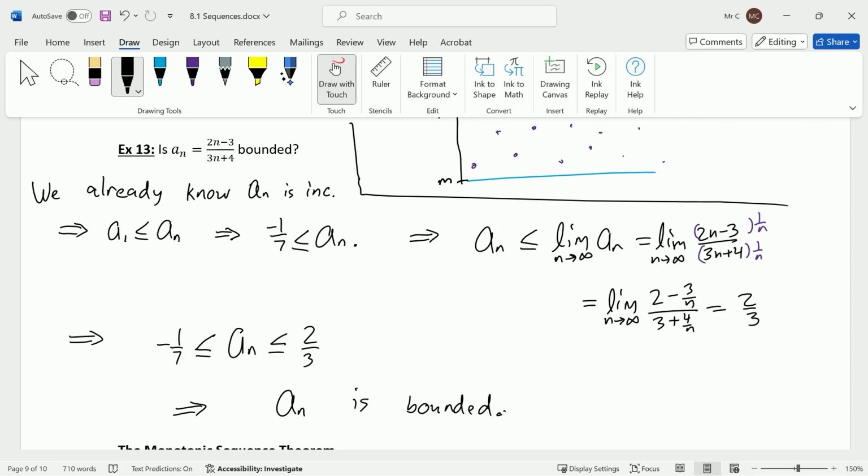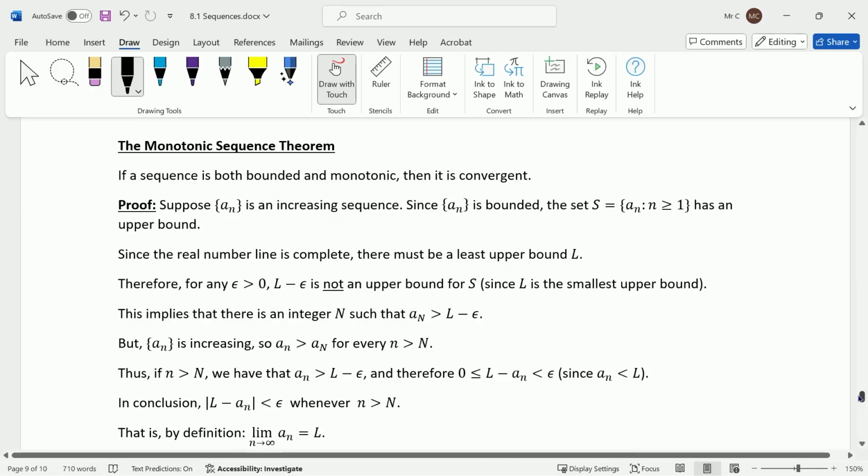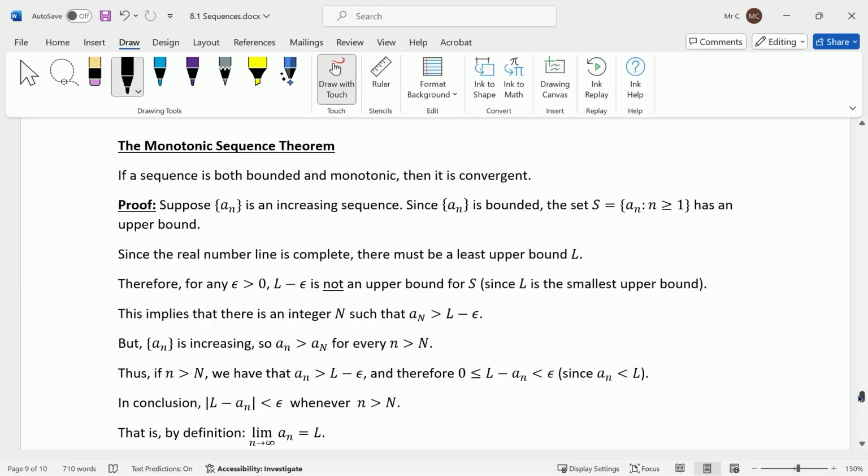Okay. That's it for that one. Now we have one more theorem, and then one example applying said theorem. The monotonic sequence theorem. Now the statement of this theorem is really, really simple. If a sequence is both bounded and monotonic, then it is convergent.